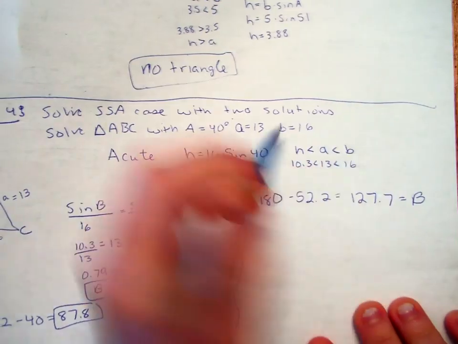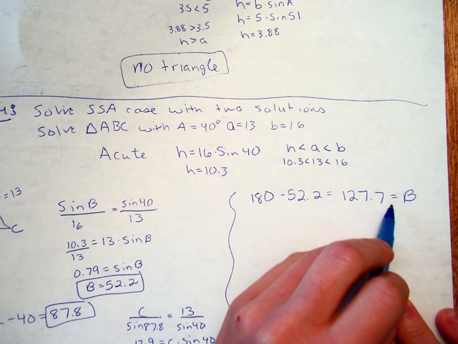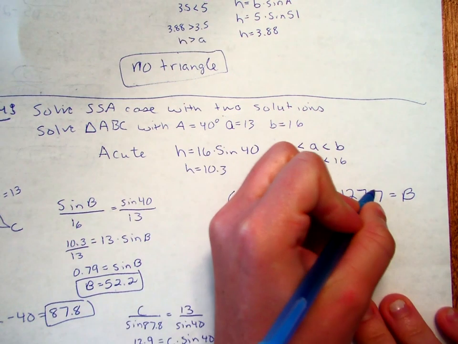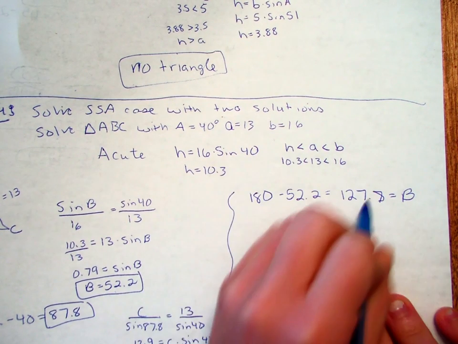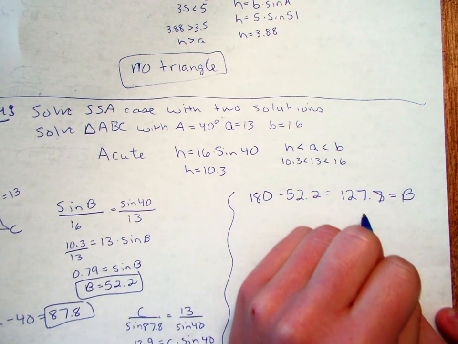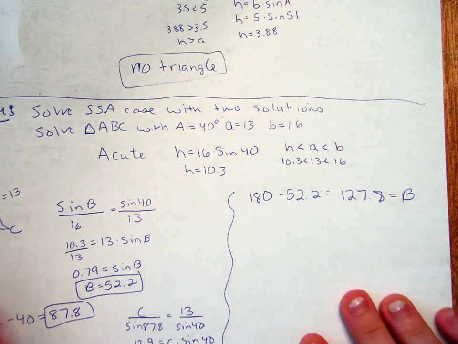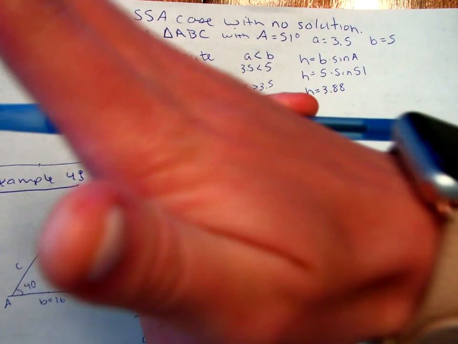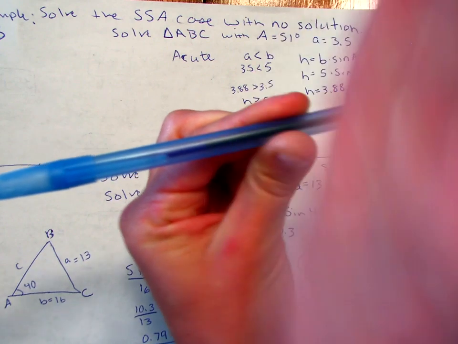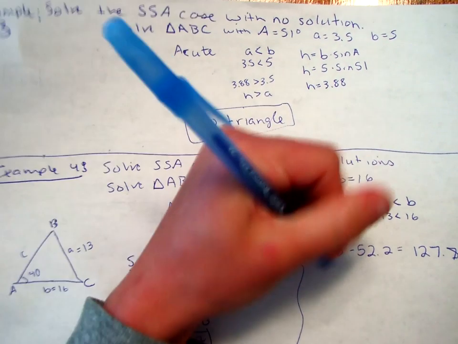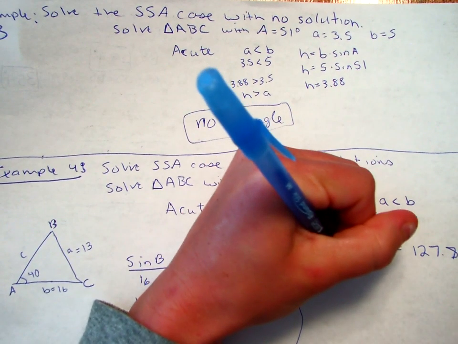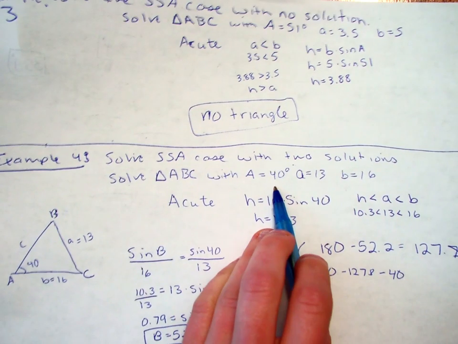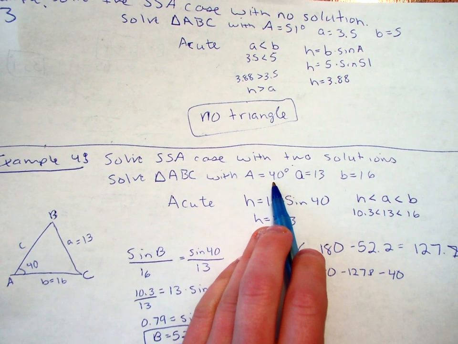This is now the new angle B. Why we're saying this is because when you're given two triangles, they're on the same horizontal plane. So if one triangle looks like this, the other triangle is the opposite way. So then 180 minus 127.8 minus 40, because A has not changed here. That was our given information.